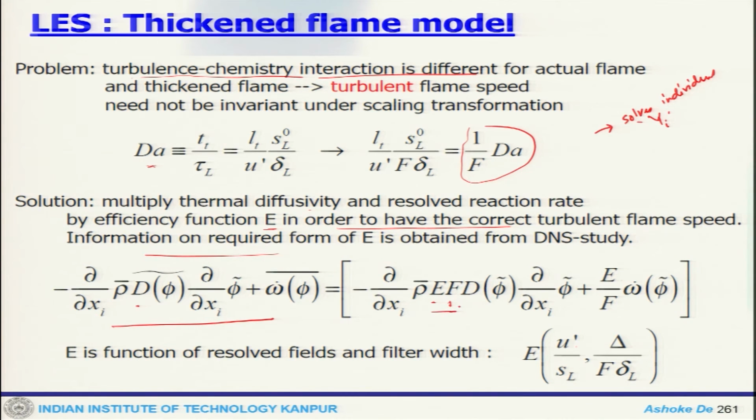One can think of this as diffusivity plus (E minus 1) times D. This correction factor is the component of the molecular diffusivity and this is the component due to turbulent flux.